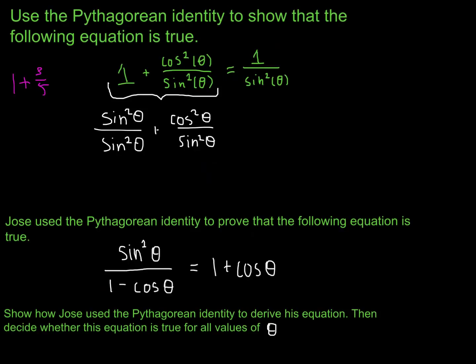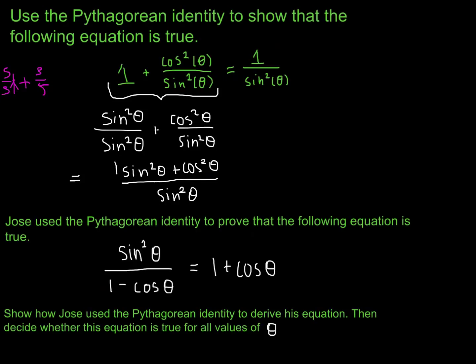Well, you would rewrite 1 as 5 over 5, and when you add those together, you'll get 8/5. So I'm just looking for that common denominator, which happens to be sine squared theta, and then when I add these together, I'll have sine squared theta plus cosine squared theta over my common denominator of sine squared theta.